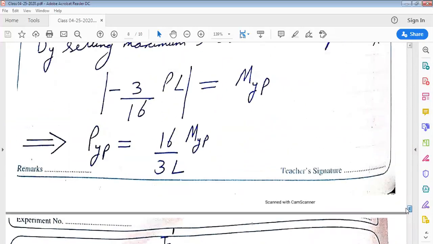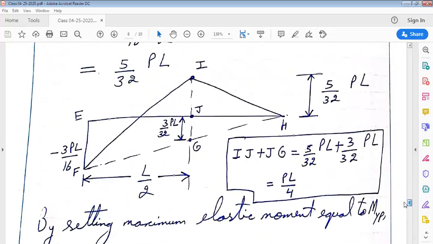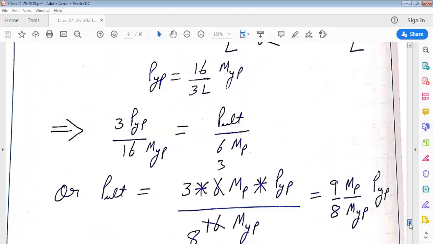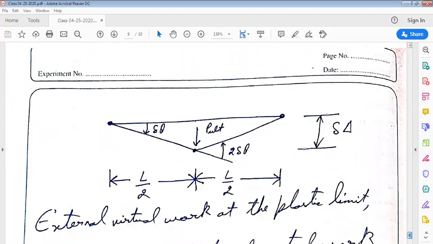Now let us see how we can use the virtual work method to find out the plastic limit load. This is the collapse mechanism. As we can recall, to find out the plastic limit load using the method of virtual work, first of all, we have to think of a collapse mechanism.